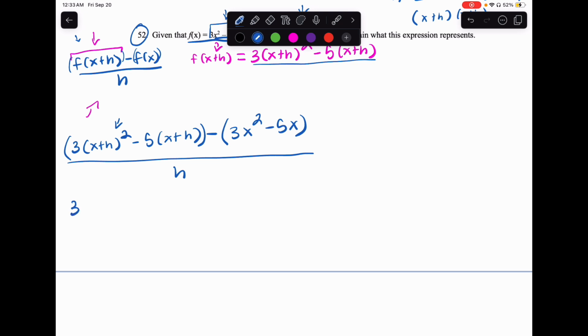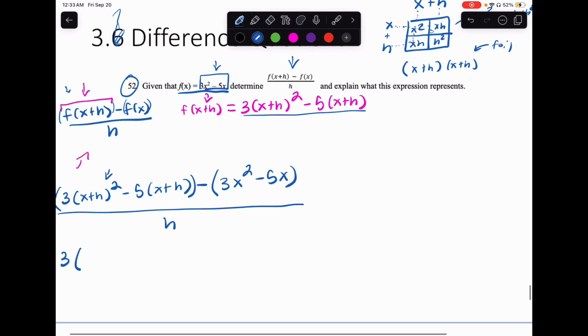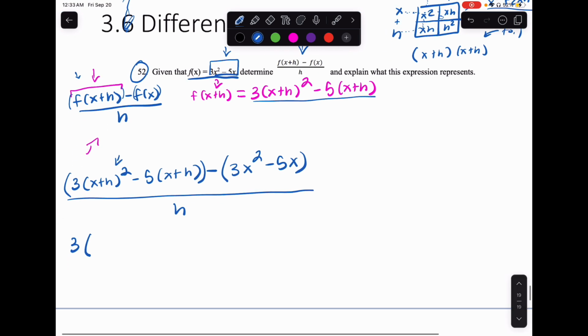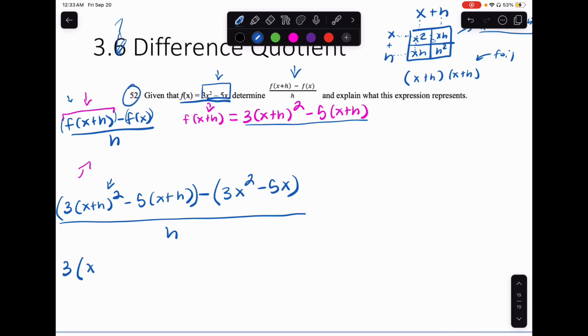We have 3 times the expanded (x plus h) squared, which is x squared plus 2xh plus h squared, and we still have the minus (5x plus h). Again, you can keep this as a set of parentheses because this part needs to remain in parentheses.